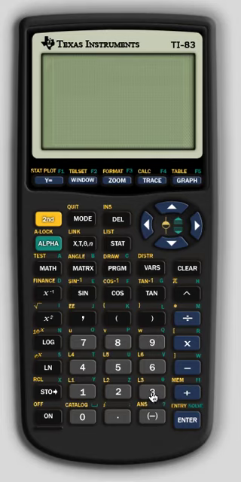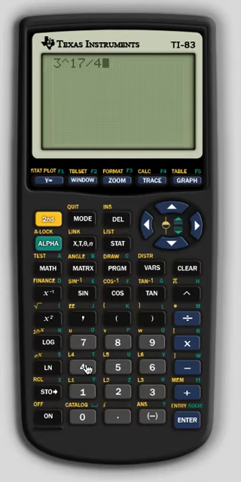Now, let me explain some problems we're going to be doing soon. 3 to the 17 fourths power, okay? 3 to the 17 over 4 power. Now, if I just write it this way, do you see what's going to be wrong here?